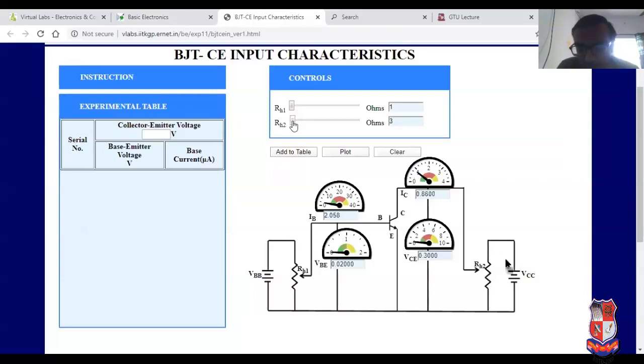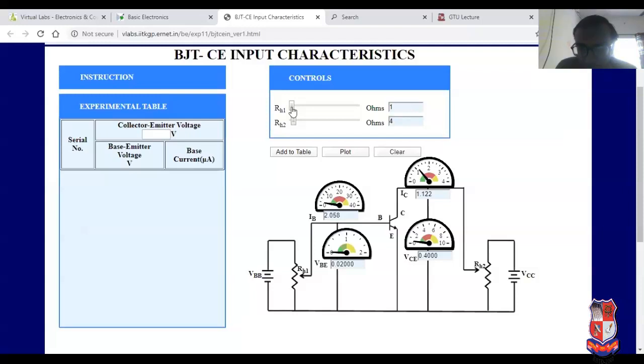See this, if you change the value and set the current at 1.1, almost 1 milliampere output current is set.